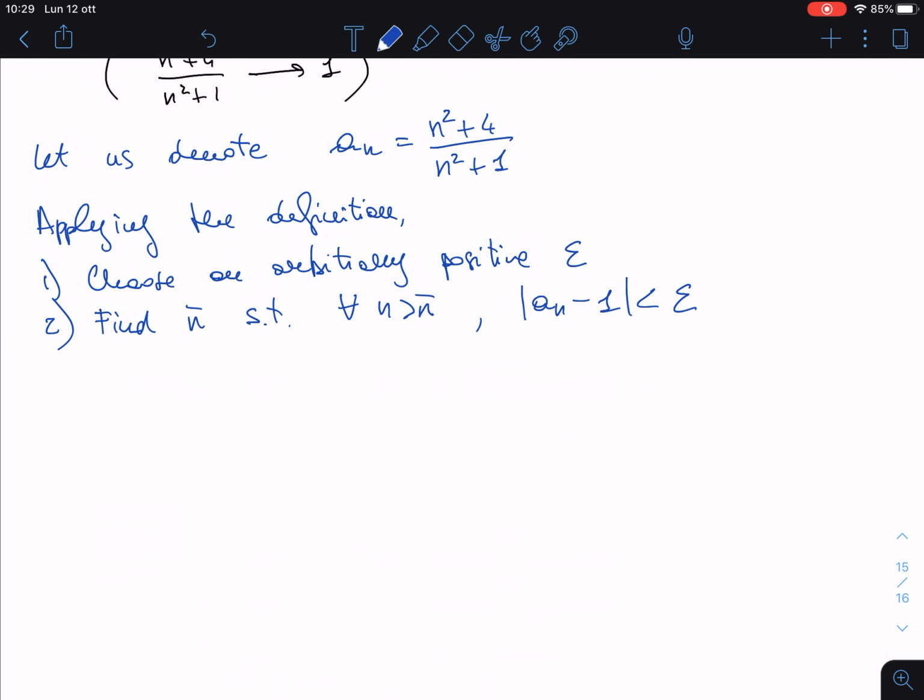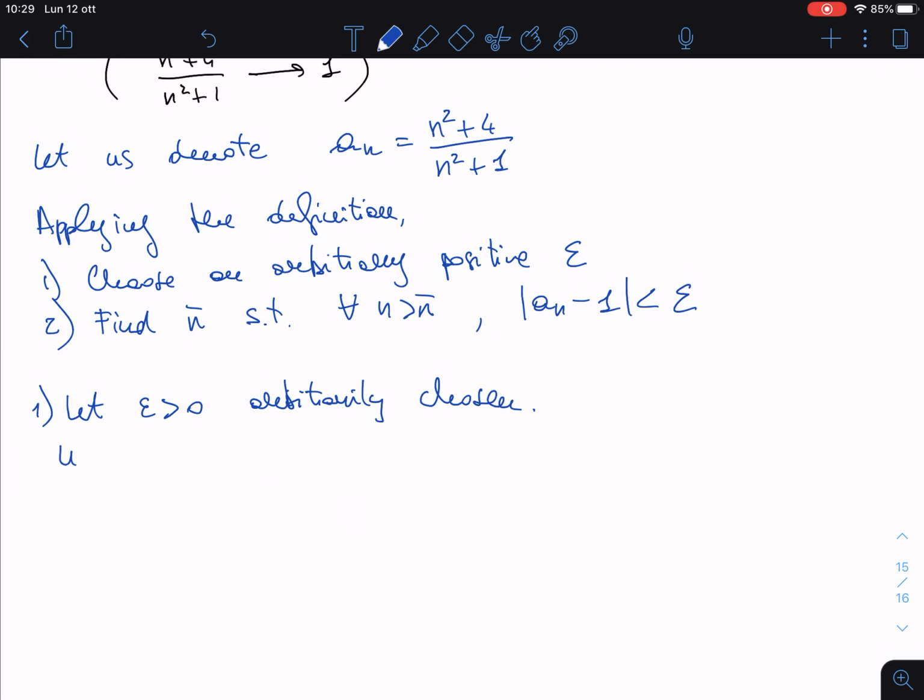So, first, we say just let epsilon larger than 0 be arbitrarily chosen. Okay?